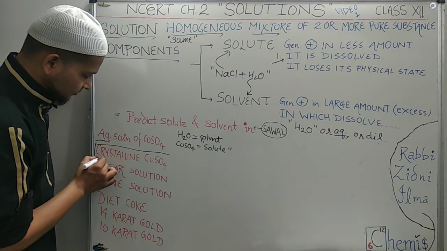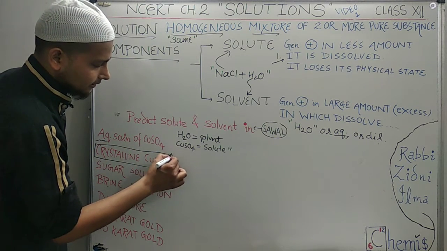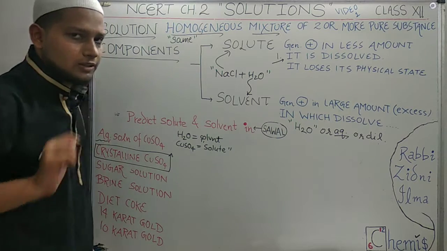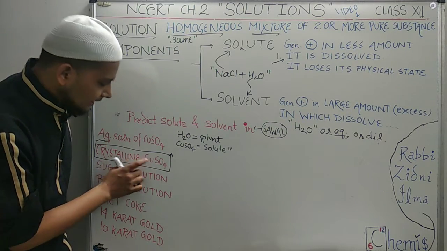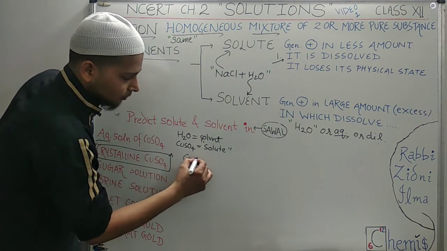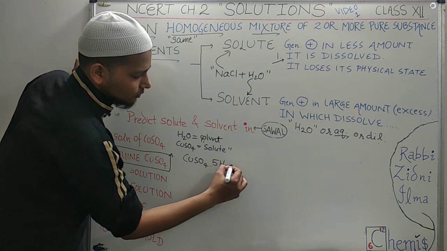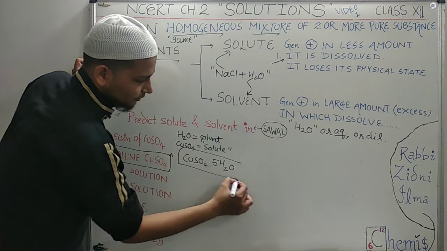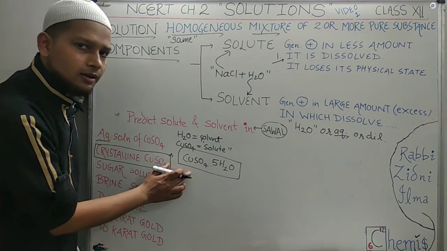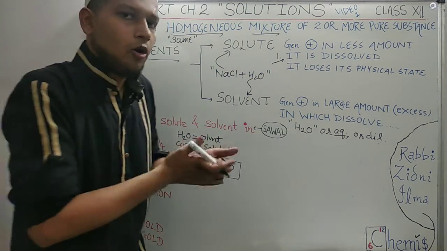This case is very important because it is done wrong by most students. Now the crystalline copper sulfate, the exact formula, as given in class 10th NCERT, is CuSO4.5H2O. Now if you know this formula, you might be led to the wrong path.